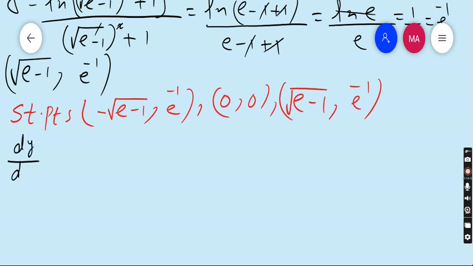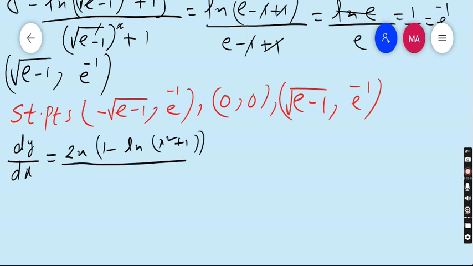So our dy by dx was 2x(1 minus ln(x square plus 1)) upon (x square plus 1) whole square.